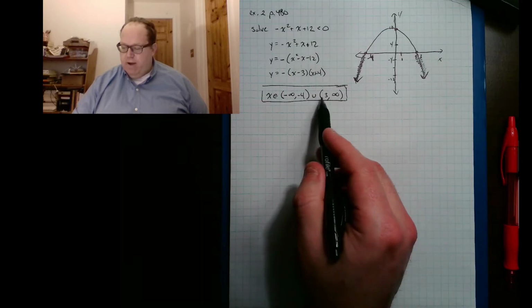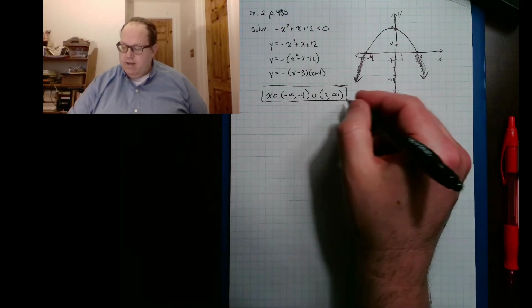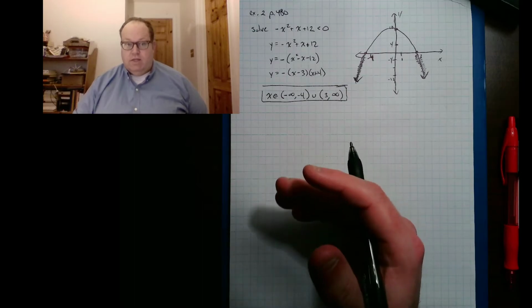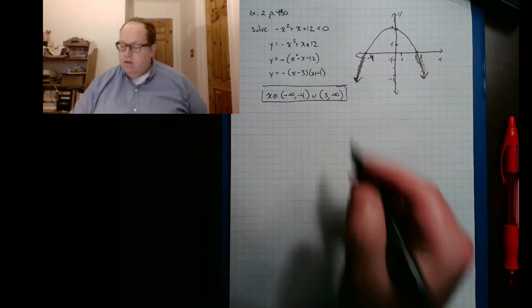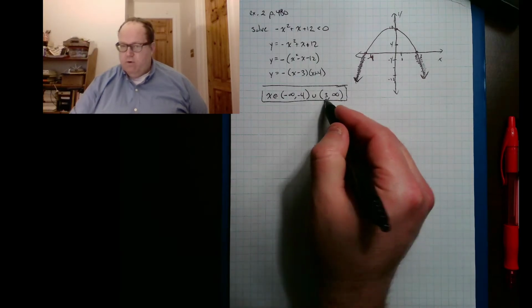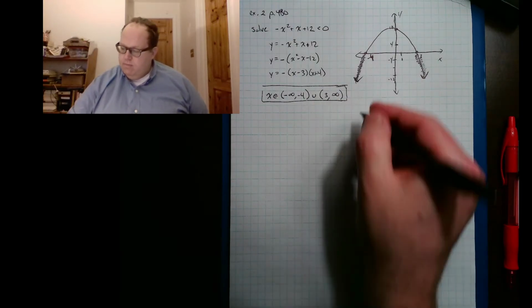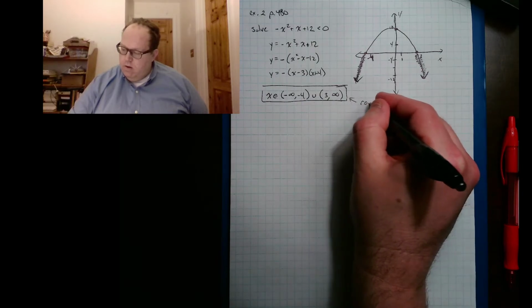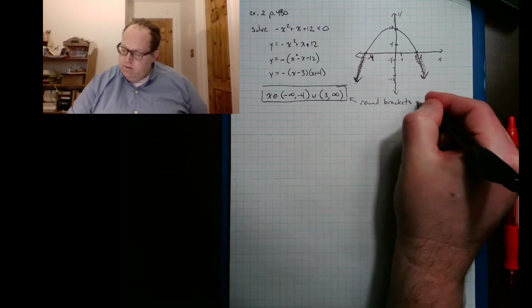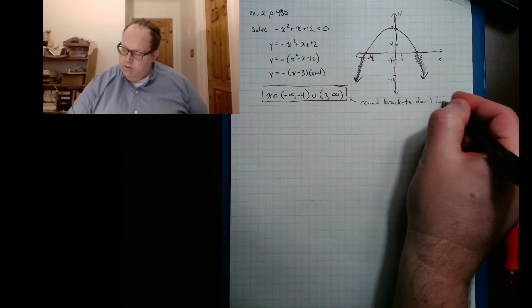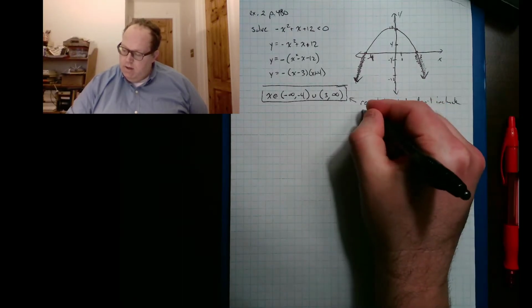Notice that all my brackets are round in this case, and the round brackets mean we're not including the endpoints. I can't include infinity anyway because it's infinity, but I'm also not including the negative 4 or the 3. Round brackets don't include endpoints.